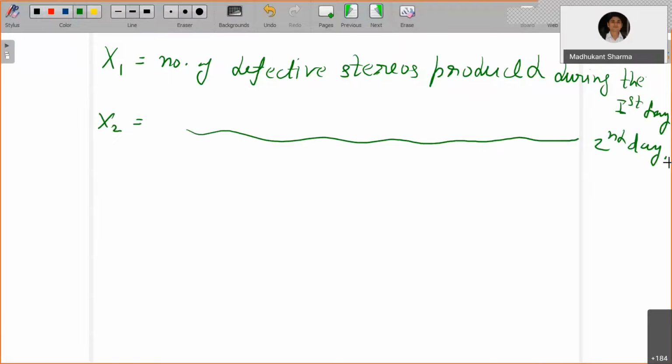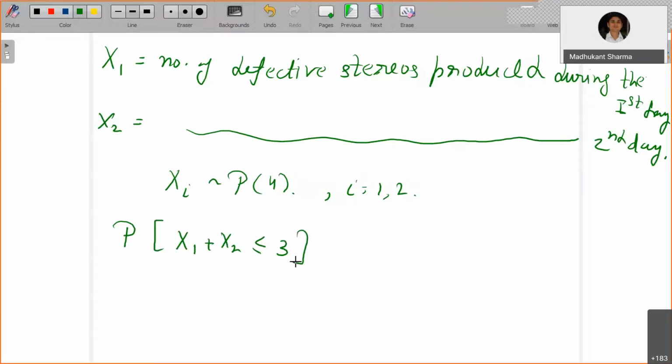Both Xi follow the Poisson distribution with parameter 4, for i equals 1, 2. That is given to us. Now we are interested in the probability that over a 2-day span the number of defective stereos does not exceed 3, meaning the probability of X1 plus X2 less than or equal to 3.